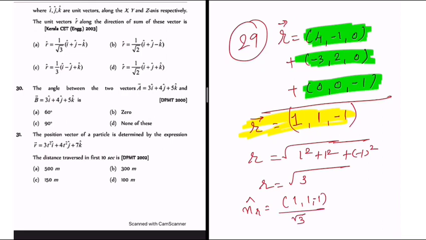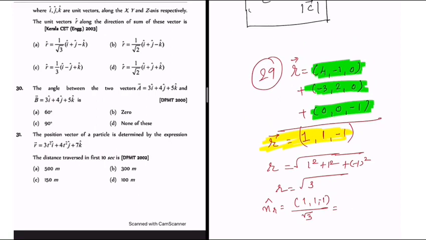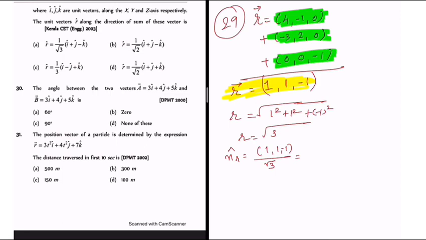This can be written as 1 by root 3 for i cap, the other 1 for j cap, and minus 1 for k cap. This is your answer. What is the answer? A. Okay, next question.